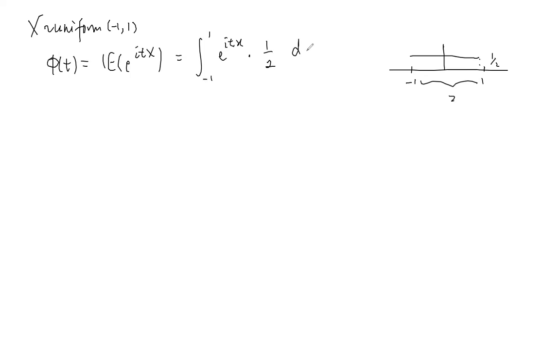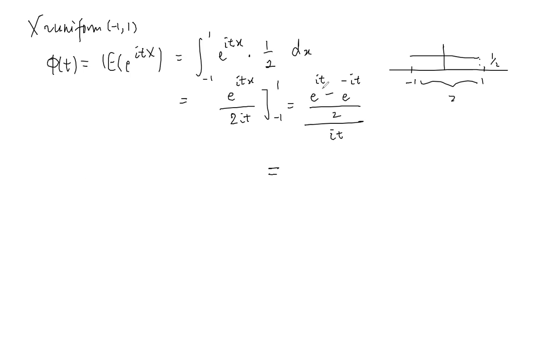So this will be dx. And here you will have e^(itx) over 2it, from minus 1 to 1. Okay. So basically you have (e^(it) minus e^(minus it)) over 2 over it. Okay. And here you can, of course, have several representations.